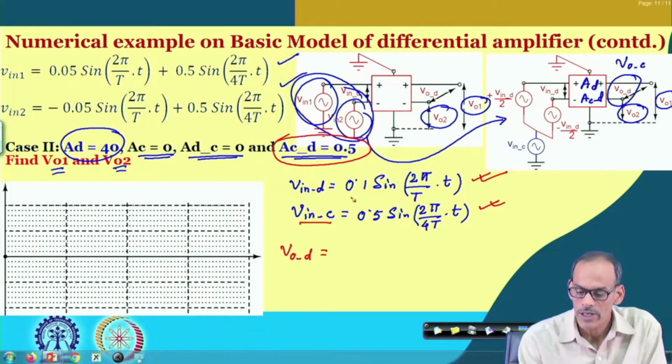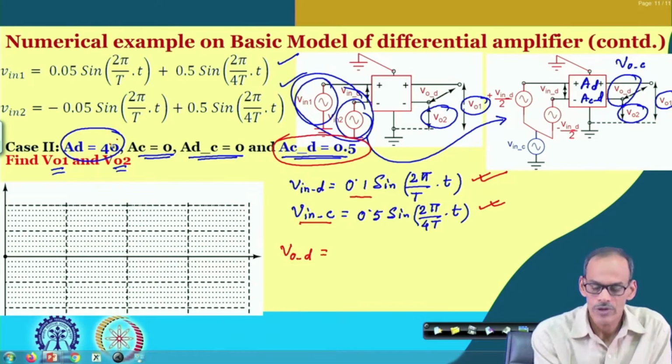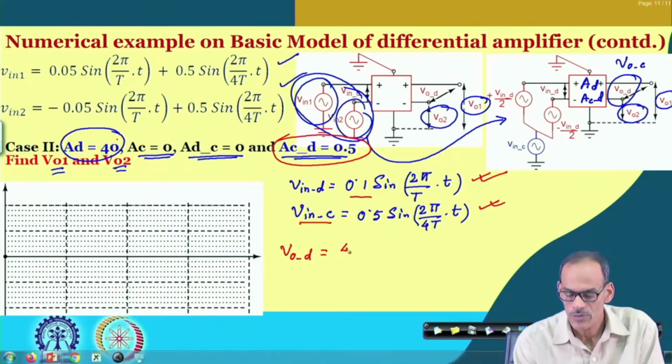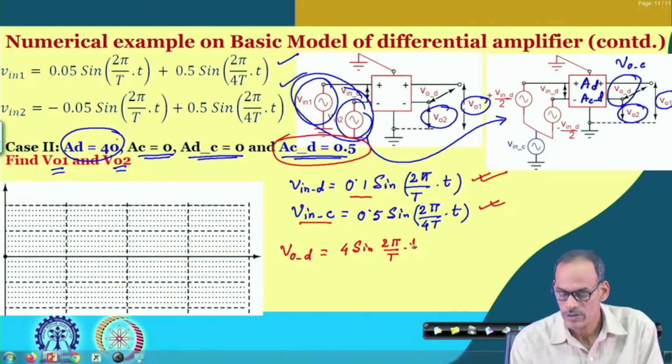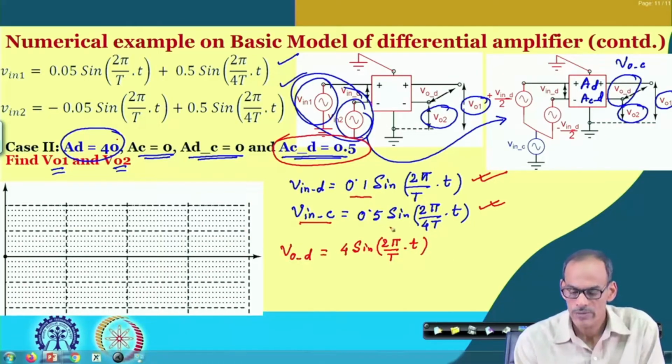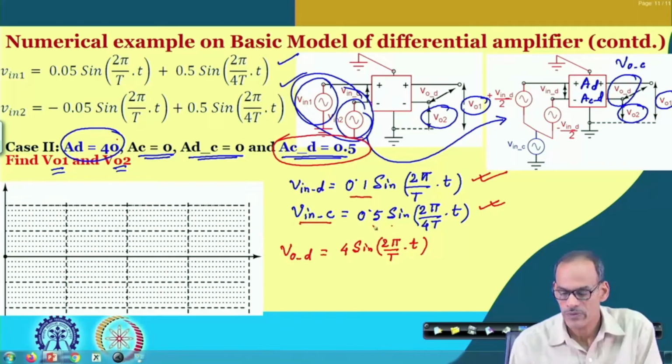So, if I multiply this 0.1 sine so and so with 40, we get 4 sin 2 pi by T into t, and then also we have this part 0.5 into 0.5.